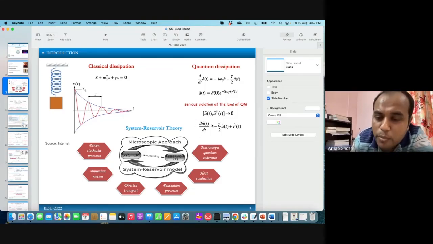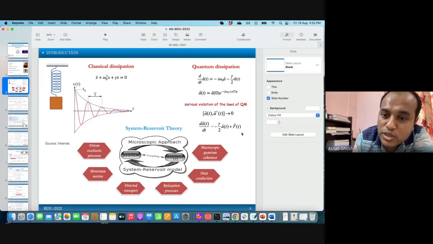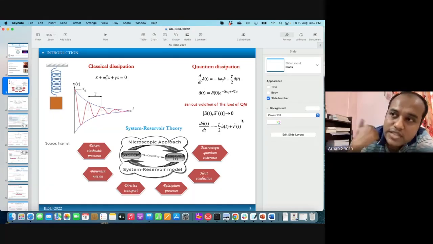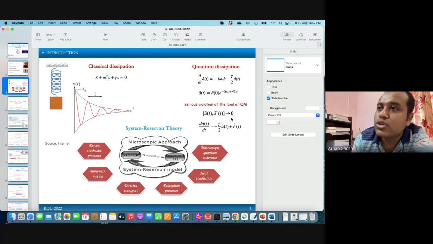So the bath properties appear in these equations only through the noise. Now you choose what kind of bath, or the statistical properties of the bath, you would like to introduce through these noise correlations. Does it answer this question?